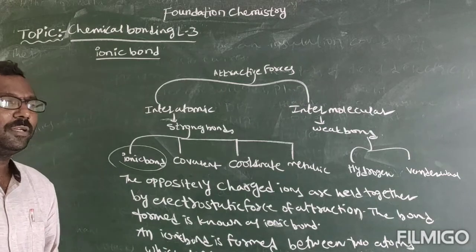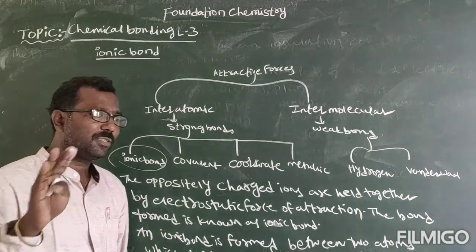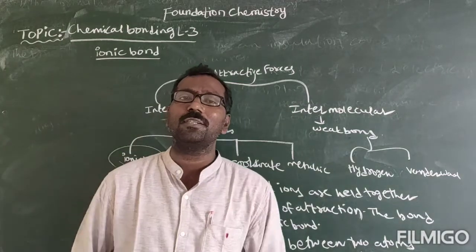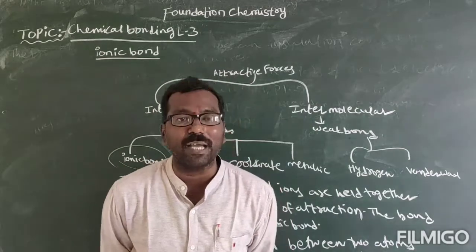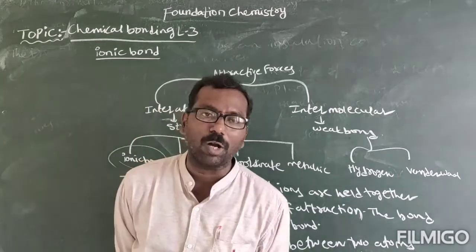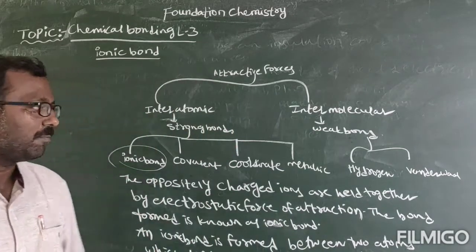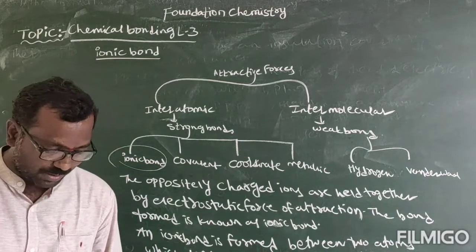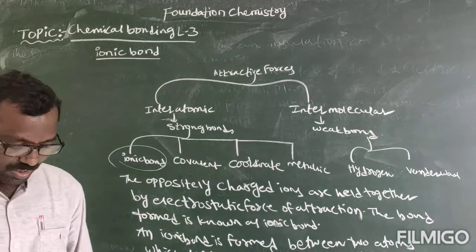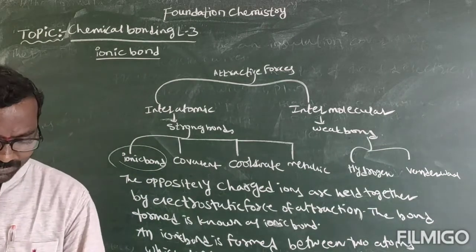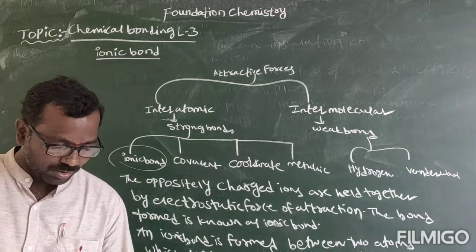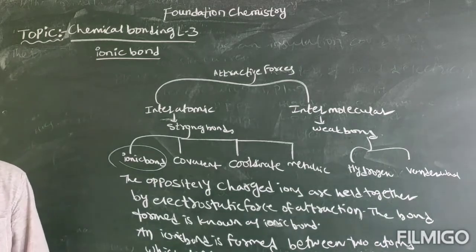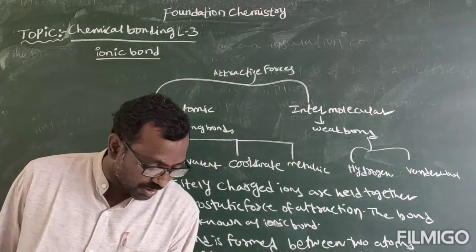In the first video we had a clear-cut discussion that whenever a bond is formed, there will be a decrease in energy. Here also it is the same: when an ionic bond is formed, there will be a decrease in the energy. Some more important points I want to bring to your discussion: the ionic bond is a non-directional bond.